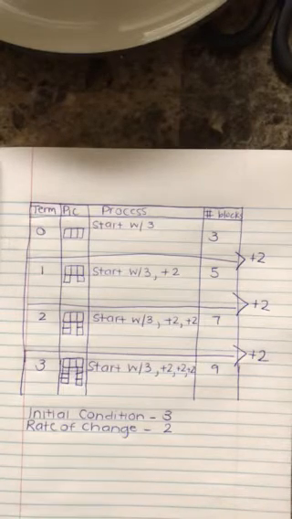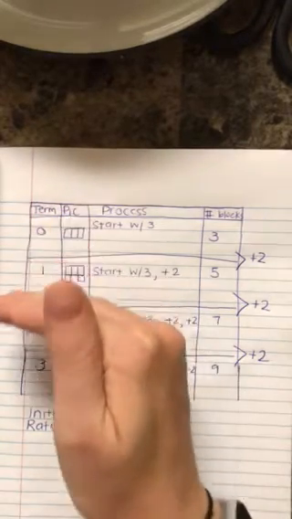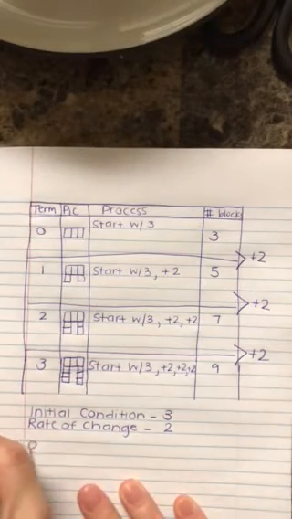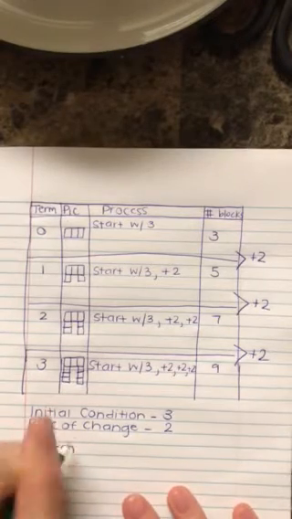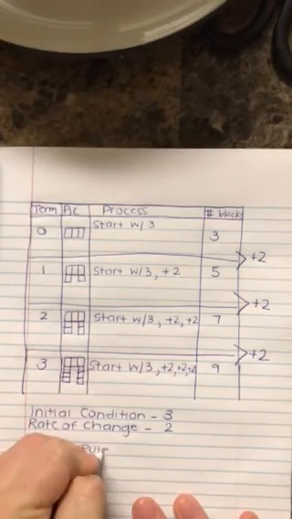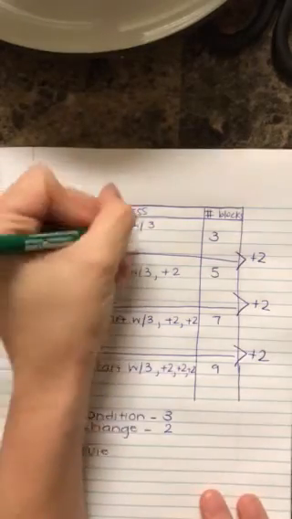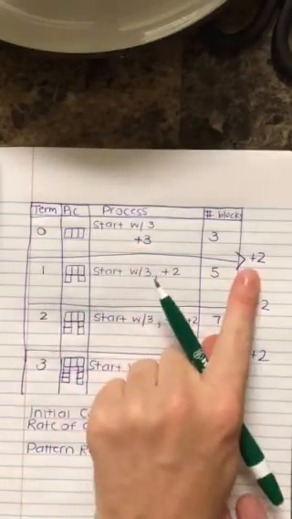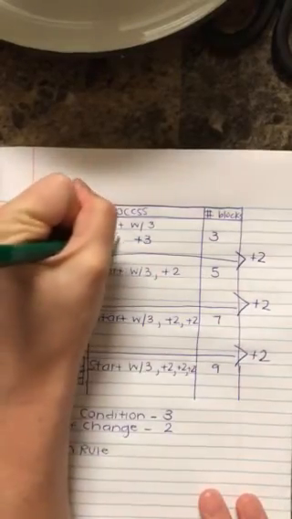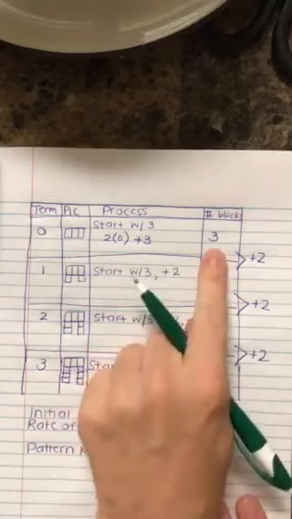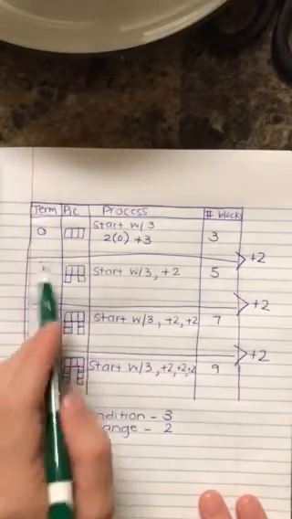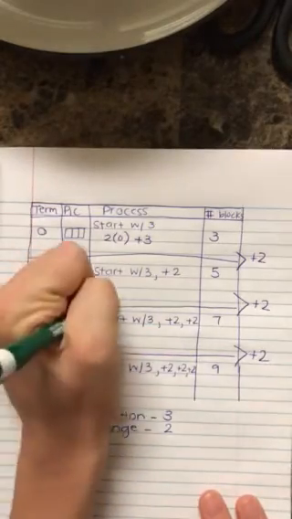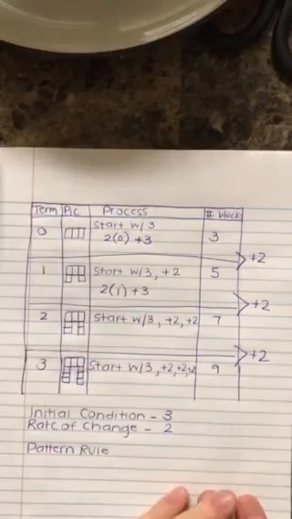And then the term numbers allow you to determine which part of the pattern is being talked about. And then your pattern rule, the last part, is putting it all together. So we started with 3. So that's our initial, our constant here. Because you're adding 2 each time, this is going to become 2 times 0 plus 3 is 3. That's because you get the 0 from your term number. Then you take your rate of change, multiply it by the term number, and we add 3. That's our constant.